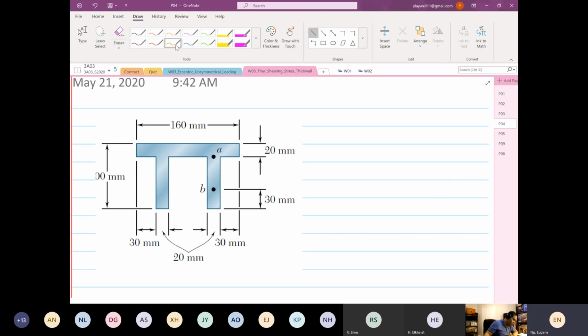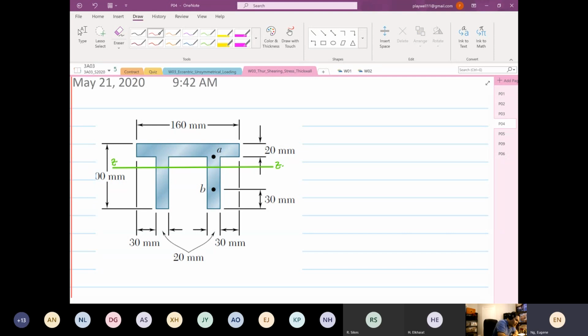Next area of interest. Again, I'm going to sketch out where my ZZ is.